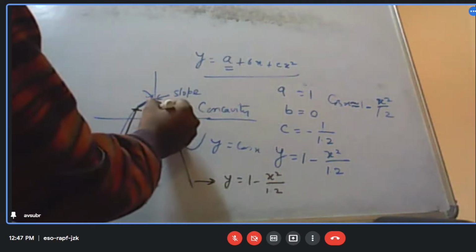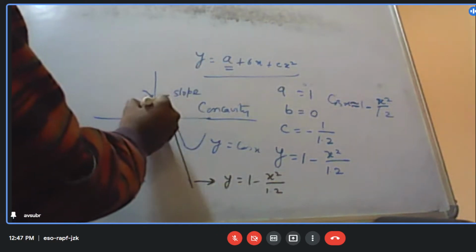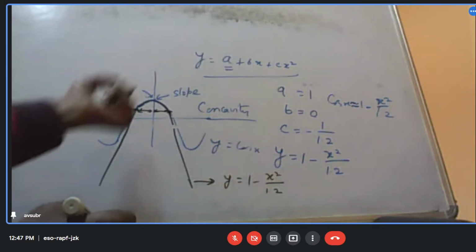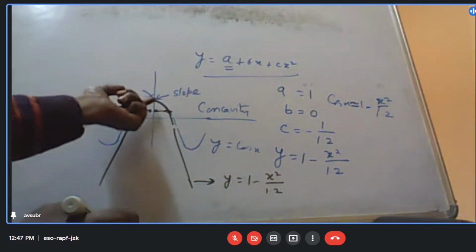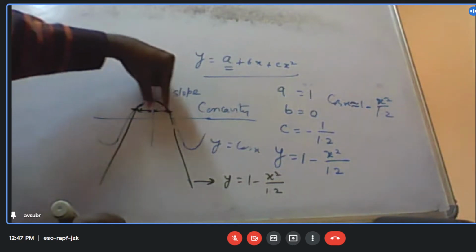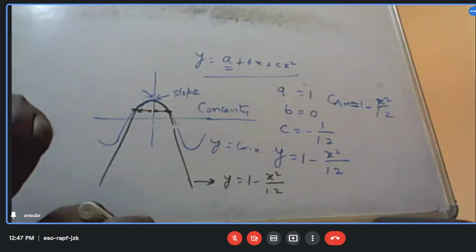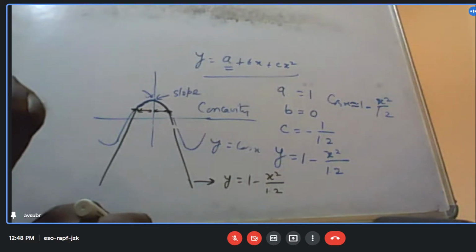Larger distance means larger comparatively to the first order approximation. This is certainly a larger distance. From x equal to 0, we can go either way to a larger distance. Clear?